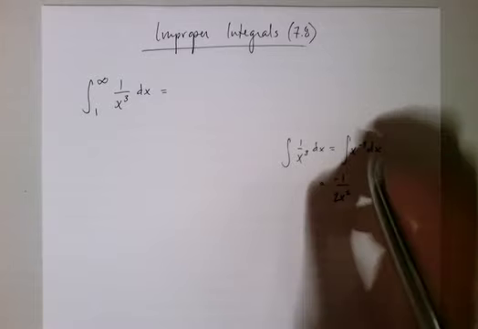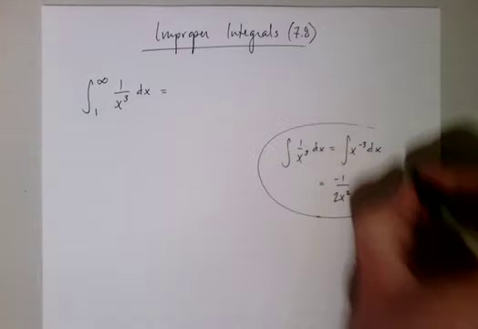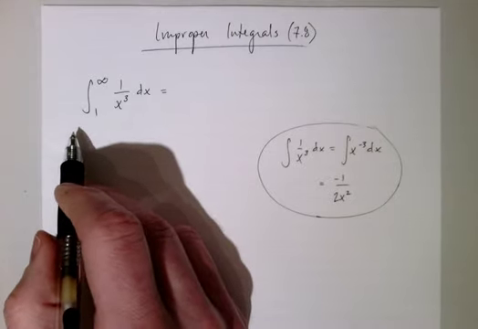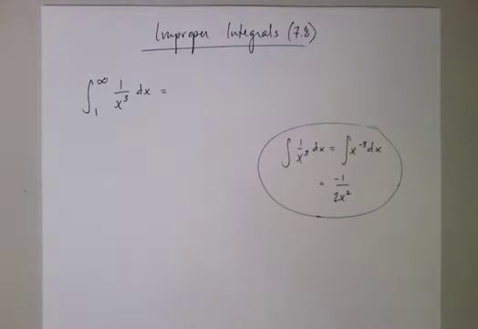But here's the thing. If I actually integrate it that way and try to plug in the limits of integration, it doesn't really mean anything to plug infinity in. From our vantage point, infinity is not a proper number to use as a limit of integration. So I need to figure out a way around that.